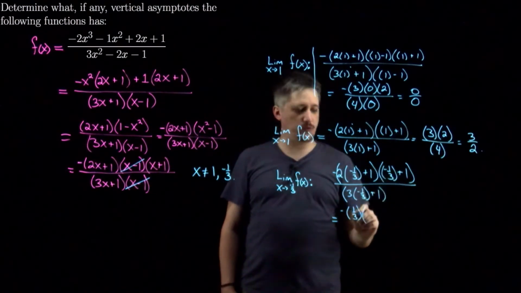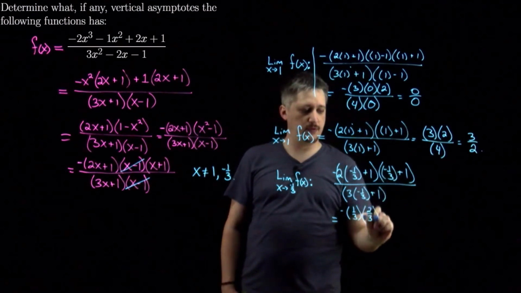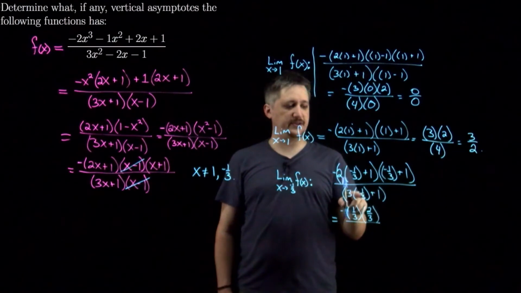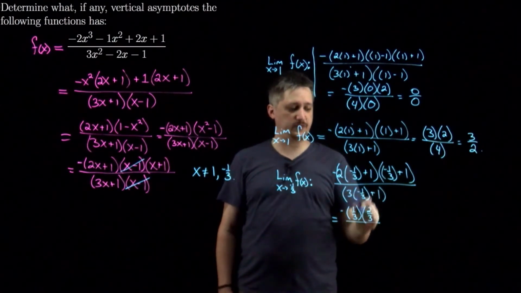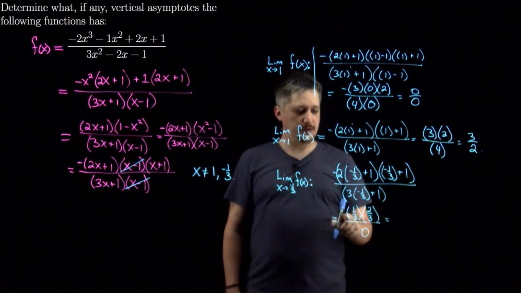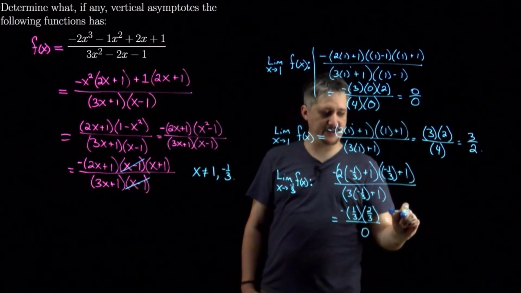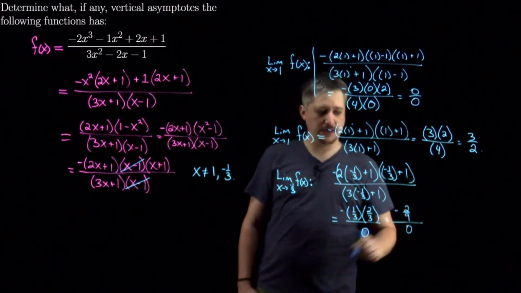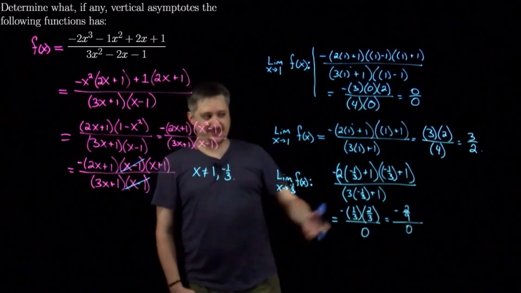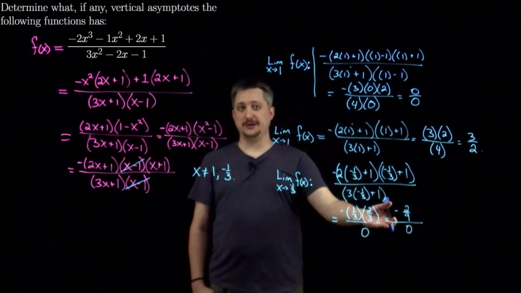Negative 1/3 plus 1 is 2/3 over 3 times negative 1/3, so that's negative 1 plus 1 is 0. And this is negative 2/9 over 0, which again is non-zero over 0. That's what I care about.